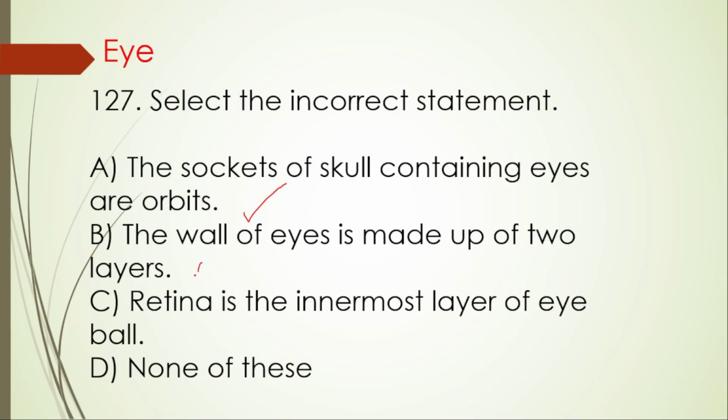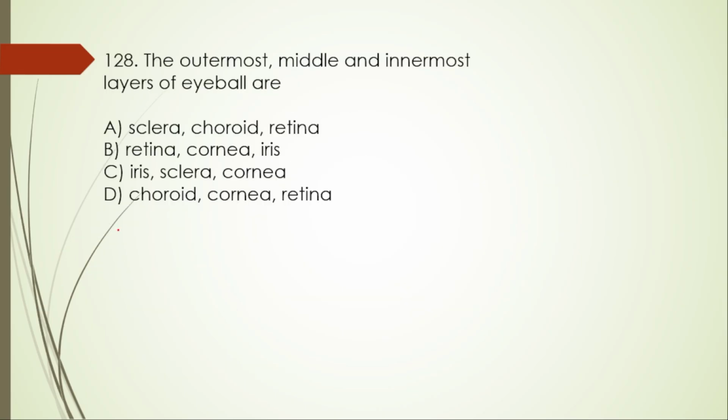No, this one is wrong because it is made up of 3 layers: cornea, choroid and retina. So this one is wrong. So here the incorrect one is B. Next, 128. The outermost, middle and innermost layers of the eyeball are sclera, choroid and retina. So this one itself is the right one.